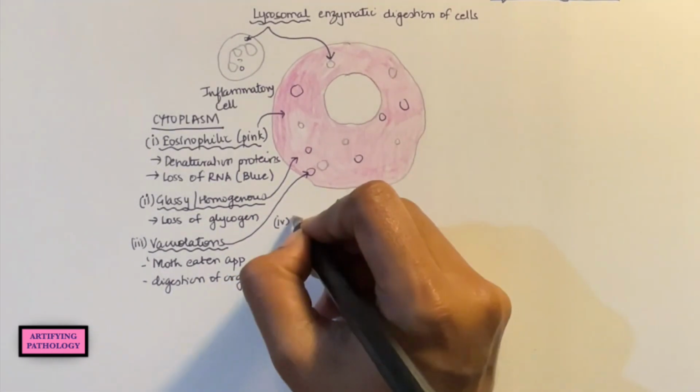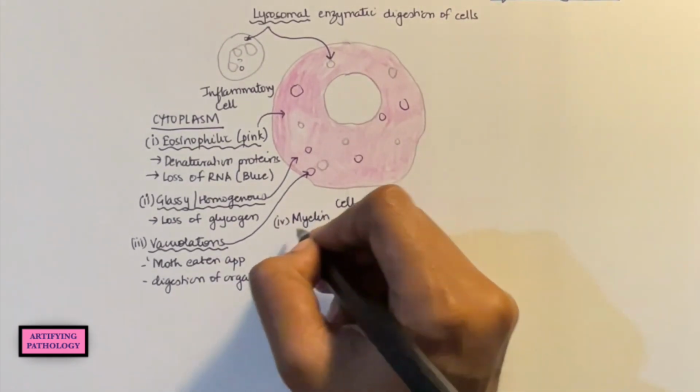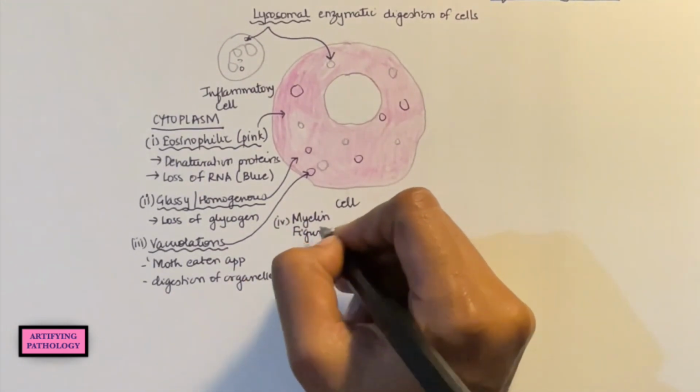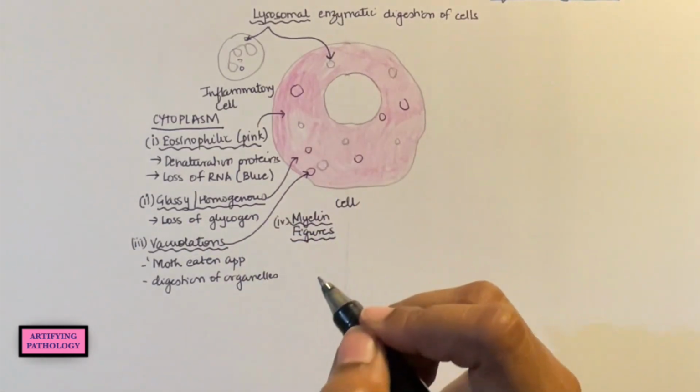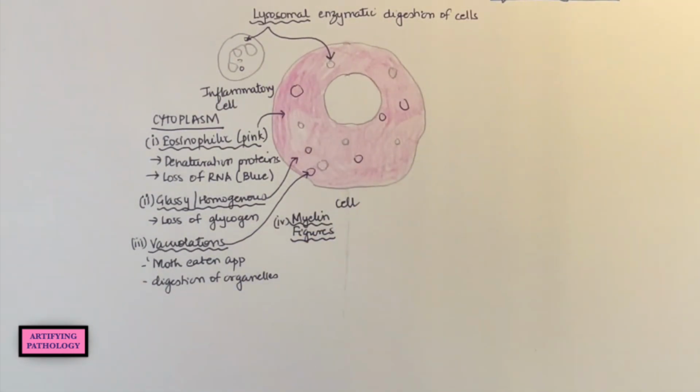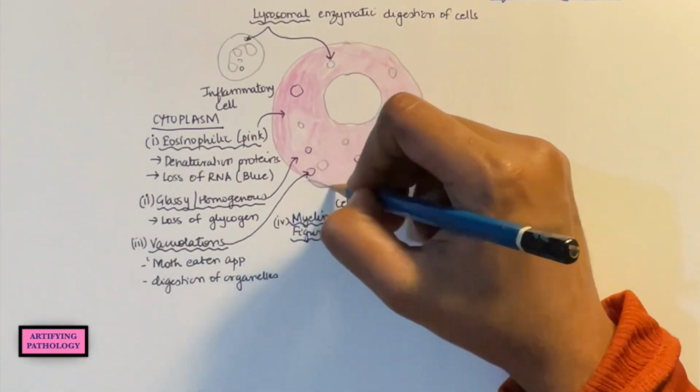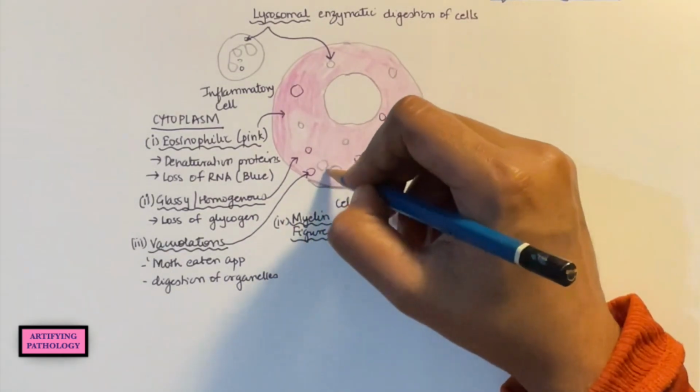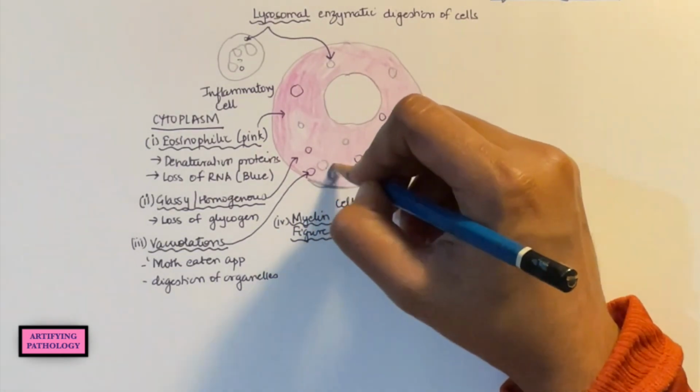Next in the list is myelin figures. Myelin figures are formed from the cell membrane, which is made up of phospholipid. So this is the cell membrane, and they appear as whorled structures.